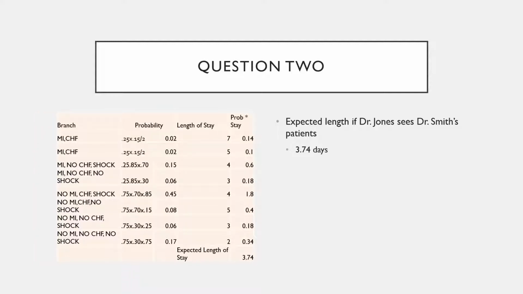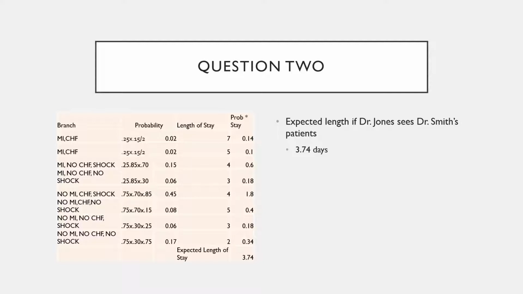And then moving on to the third part of question 2, which is finding the expected length if Dr. Jones sees Dr. Smith's patients, which is the vice versa of the second part. The only difference in this last part is that there are 2 routes that occur in Dr. Smith's chart that don't occur in Dr. Jones'.